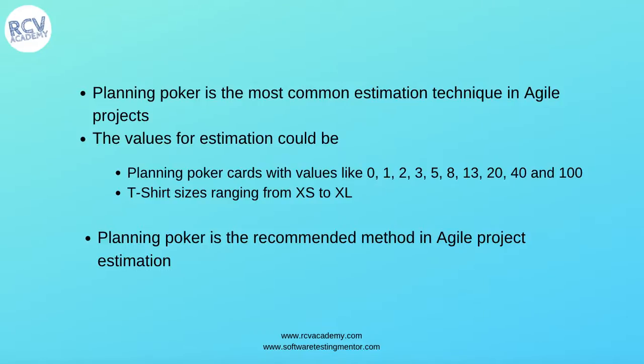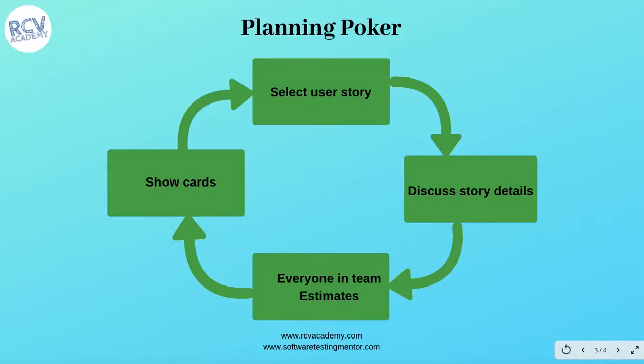So let's see what planning poker is, how it is played, and how it is very helpful in estimating any of the stories in Agile projects. Here is the process of planning poker. You select the user story, then you discuss the story detail. Everyone in the team estimates that particular story, and then everyone shows the card, and then you come to a consensus.